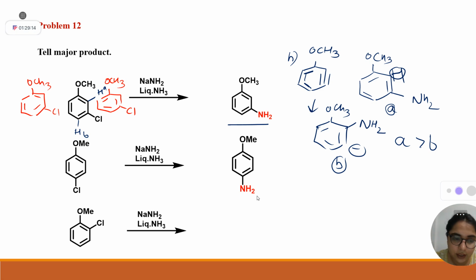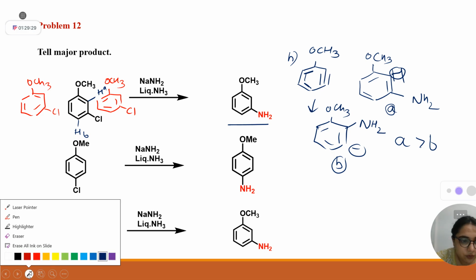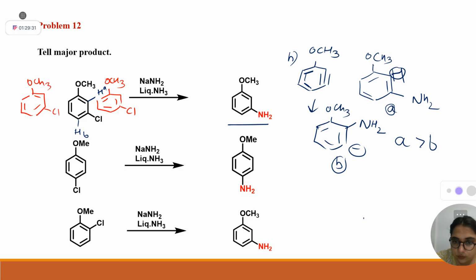Okay. In the third step, you will get benzyne. The only condition is this. From here you can form benzyne, right? Because this is the ortho proton to your leaving group. So let me draw for you. In the third case, you will get this benzyne.